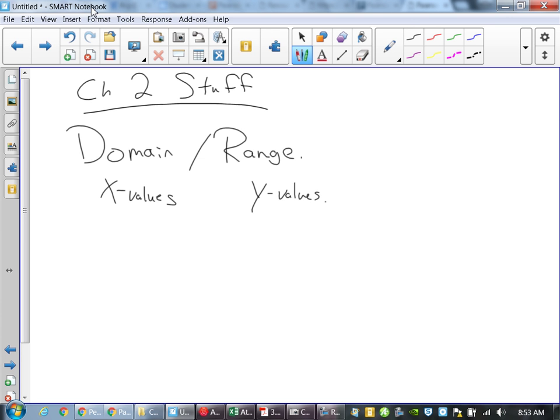What happens is, as we get into this a little bit more specifically, we're going to start talking about for every x there exists one y value. That's to tell whether or not something is a function. That's where that comes from.